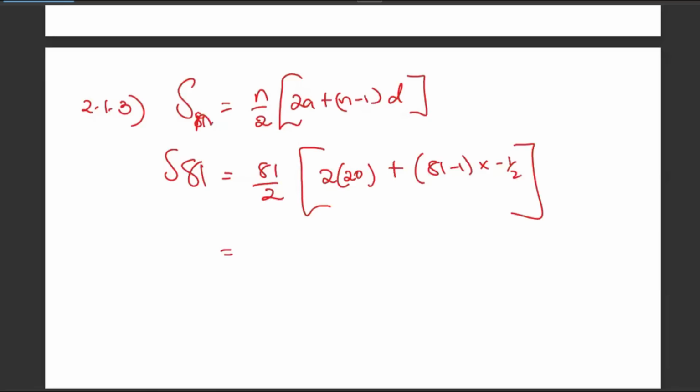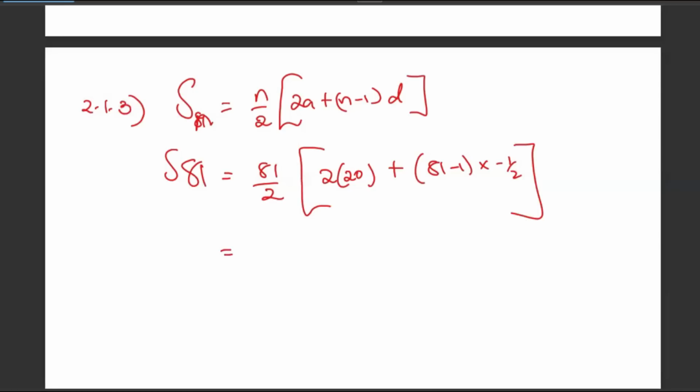All right, so when we punch this into our calculator, saying 81 over 2, okay, that is it. That is 80 divided by 2, it's going to be negative 40.